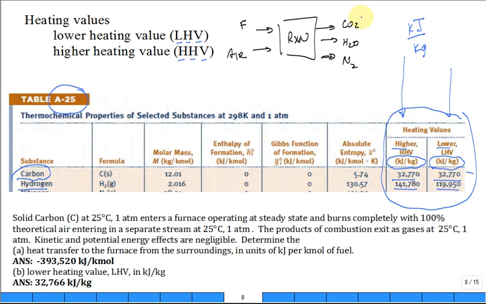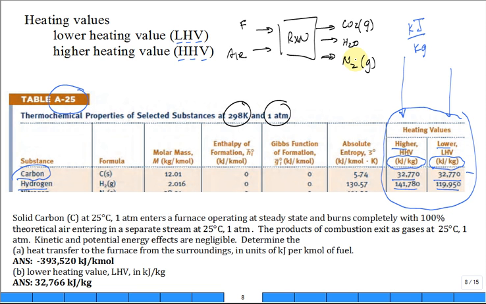If this CO2 goes out at this temperature and that pressure, do you think it could be solid, liquid, gas, or all three, or only one of those? CO2 at that temperature and pressure? There's no way you're going to have solid or liquid. It's going to be gas. Okay, same with nitrogen. It's only going to be gas.